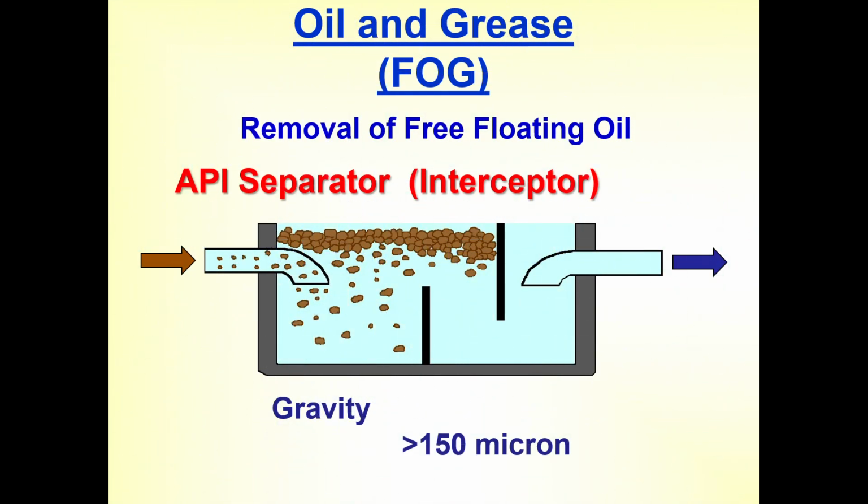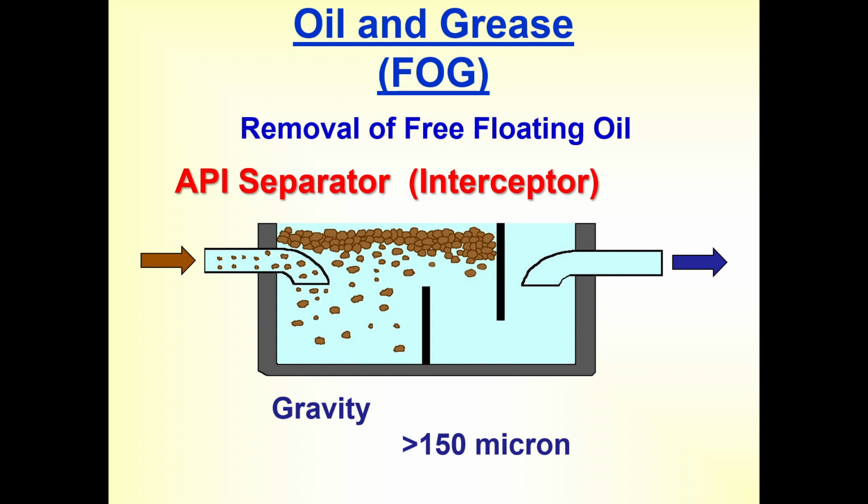So the first one is the removal of free floating oil. That will be done with the help of an API or interceptor. The full name is API or oil water separator. It is a device designed to separate the gross amounts of oil and suspended solids from industrial wastewater, which will be produced from petrochemical plants, food processing plants and other industries.